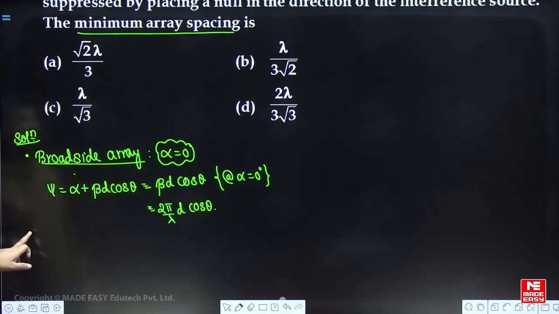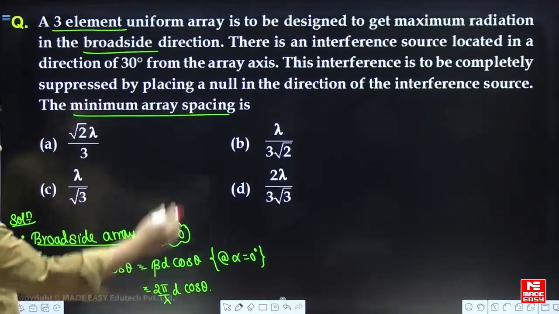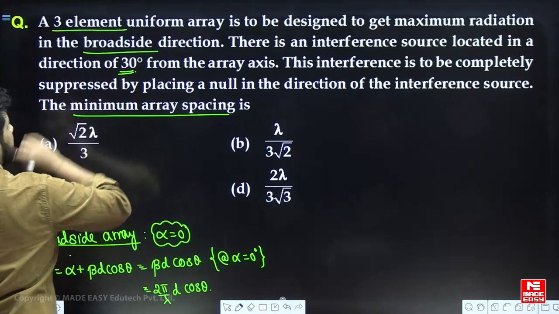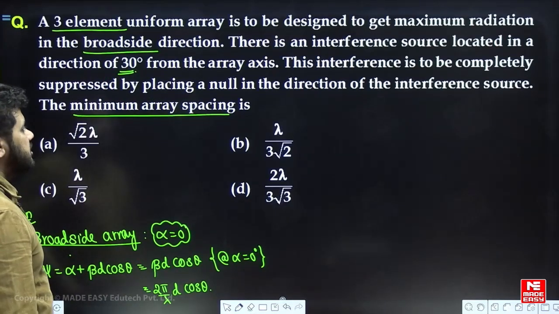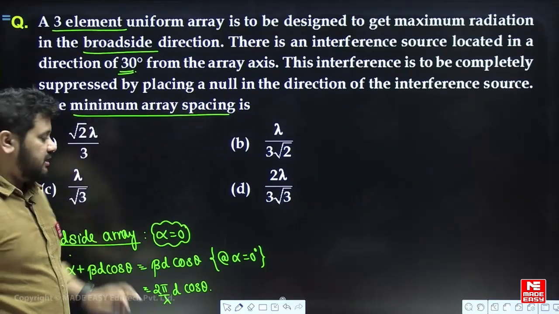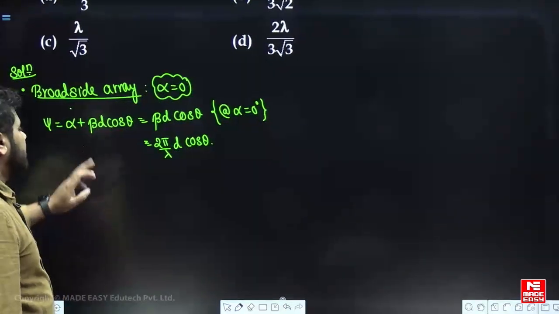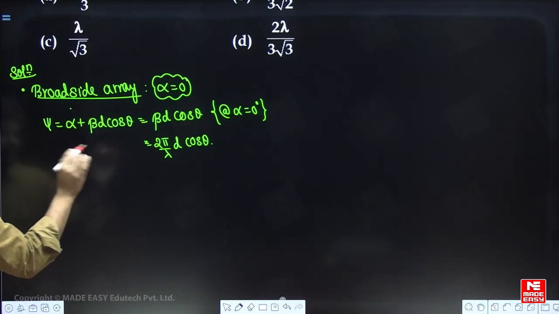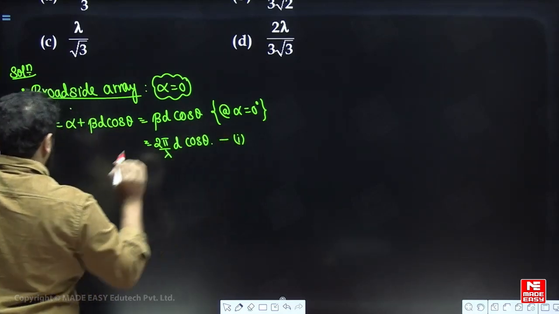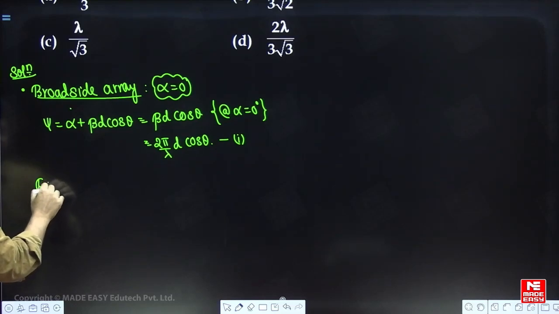Correct? Now they are saying that there is an interference source located in a direction of 30 degrees from the array axis. This interference is to be completely suppressed by placing a null in the direction. So that means here theta, if I put cos theta, right? Okay, so let us say this is equation number 1, right? Now for null, what happens?